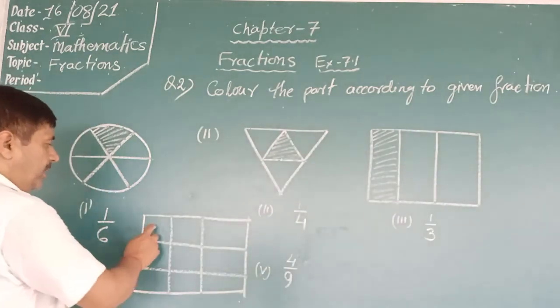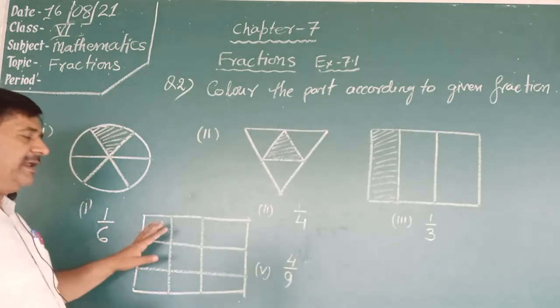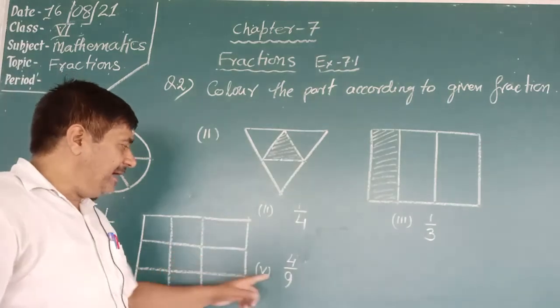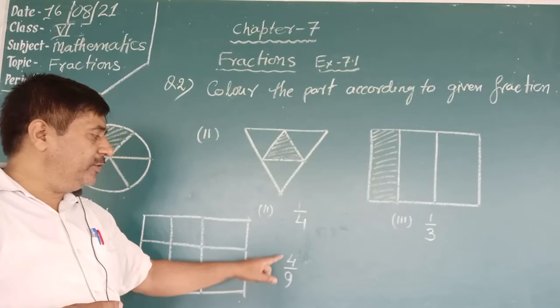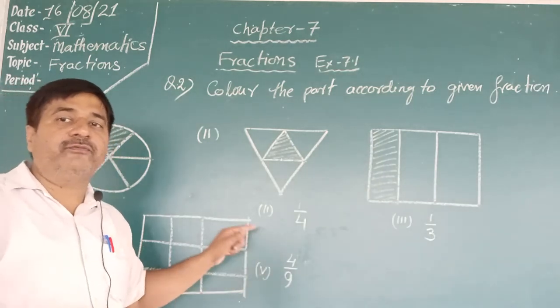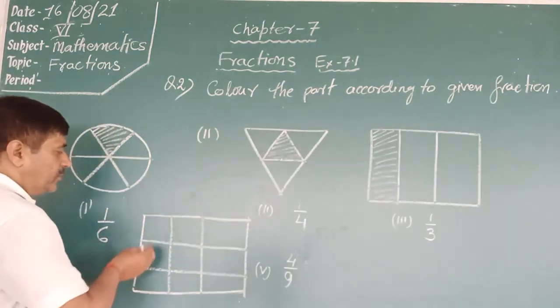So now 1, 2, 3, 4, 5, 6, 7, 8, 9, the rectangle has 9 parts, and 9 is written in the denominator, then it is correct. And in the numerator write 4. That means you make 4 parts shaded.